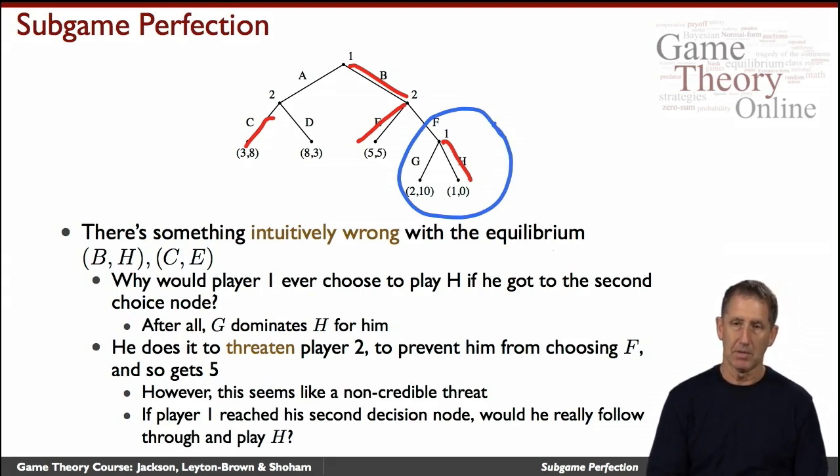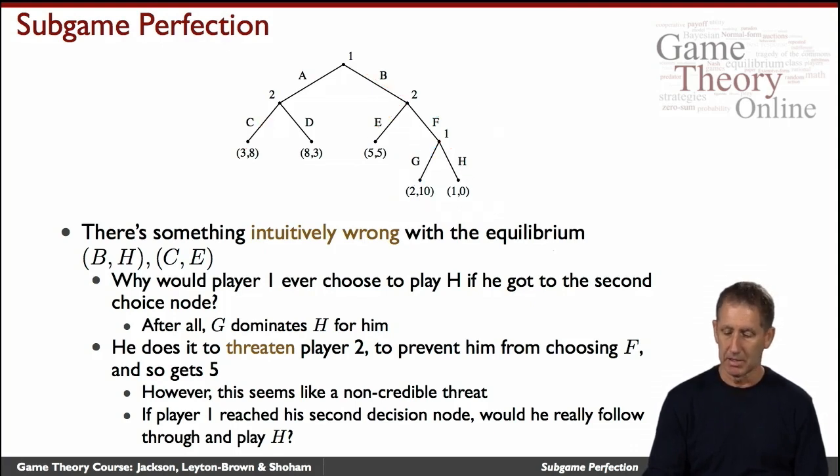It's a game of a single player, player 1, and the restriction of this Nash equilibrium is simply that action of going H, but this is not an equilibrium in this very simple tree because there's a profitable deviation to G for the player. So while it's a Nash equilibrium of the whole tree, its restriction to the subtree here is not a Nash equilibrium, and therefore this Nash equilibrium is not subgame perfect.